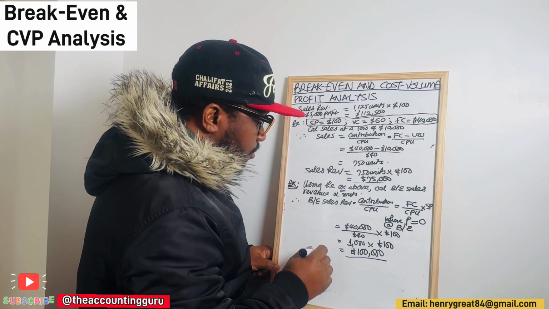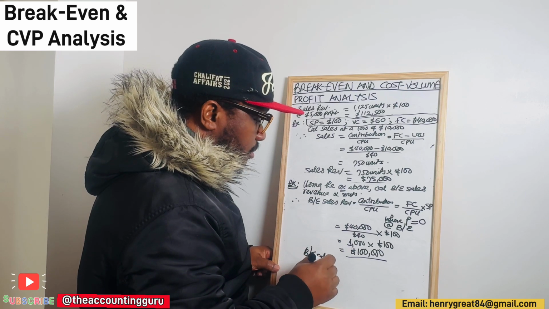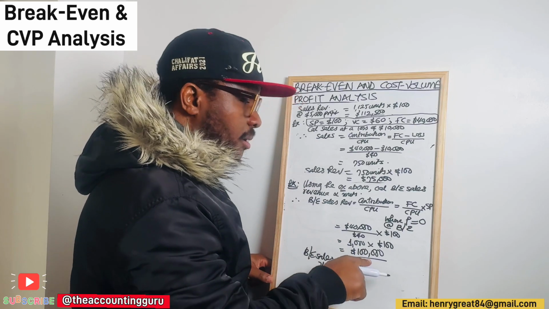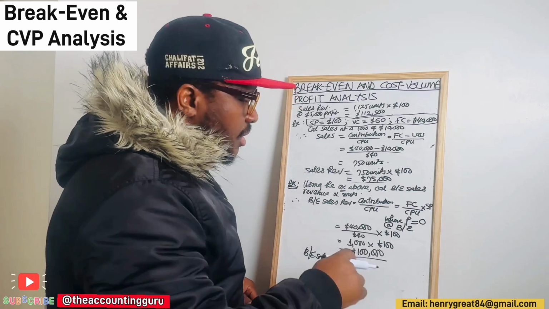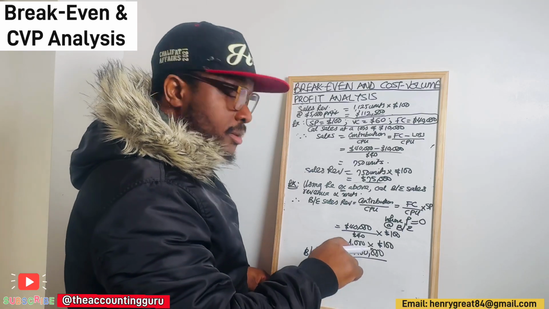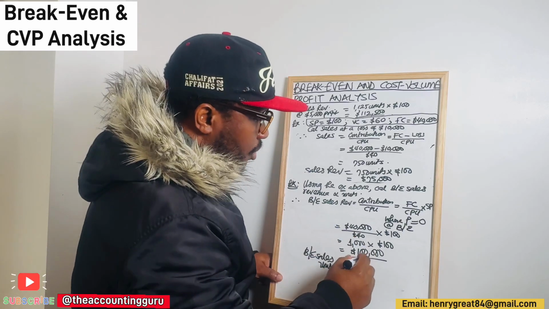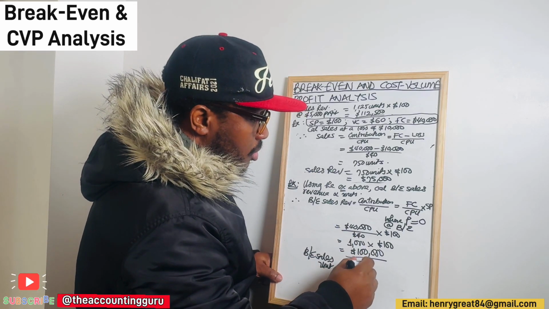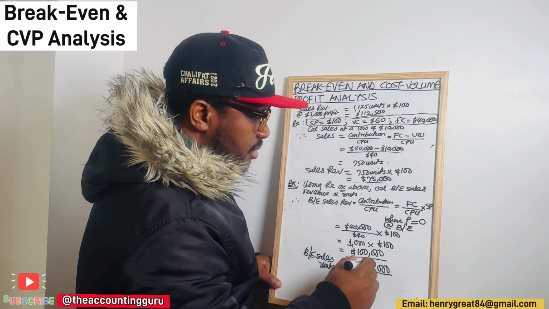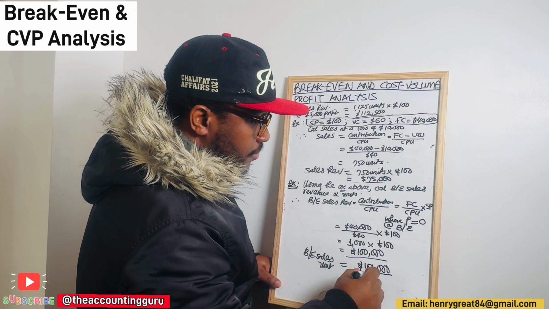Break-even sales in unit. What do you do? Just divide. Since you want to get it in unit, divide the revenue by selling price per unit. Okay, just come here and say $100,000 divided by what?